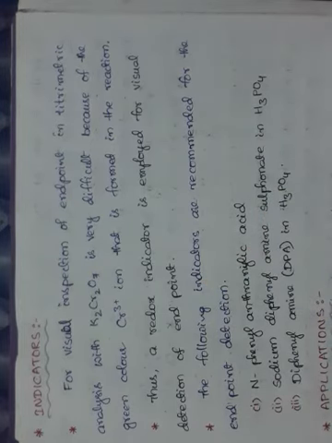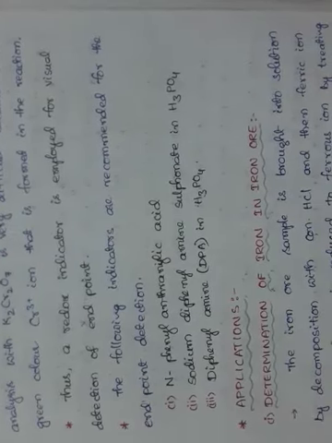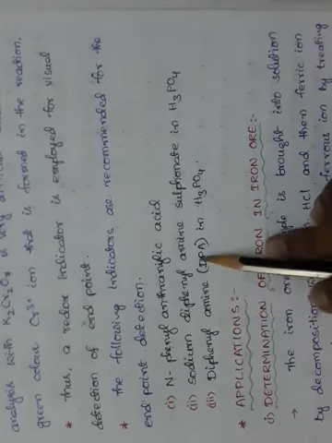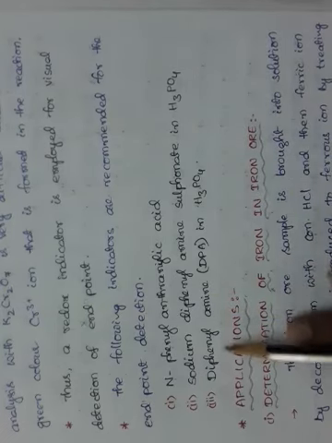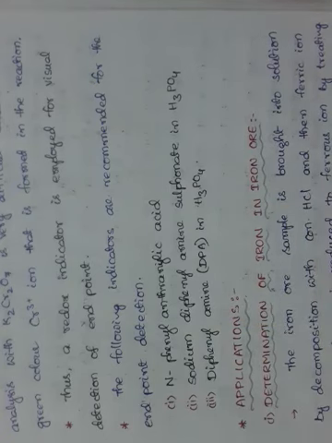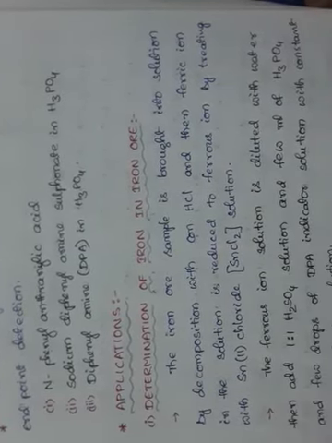So, what are the indicators used? Here, I mentioned three indicators: N-phenylanthranilic acid, sodium diphenylamine sulfonate in phosphoric acid, and DPA, you know very well, diphenylamine in phosphoric acid. So these are the indicators which are used for potassium dichromate titrations.